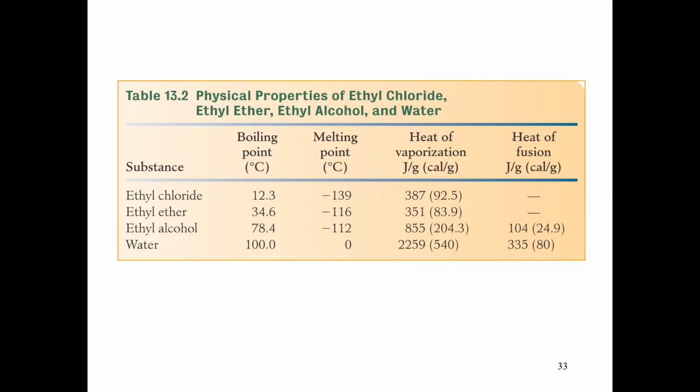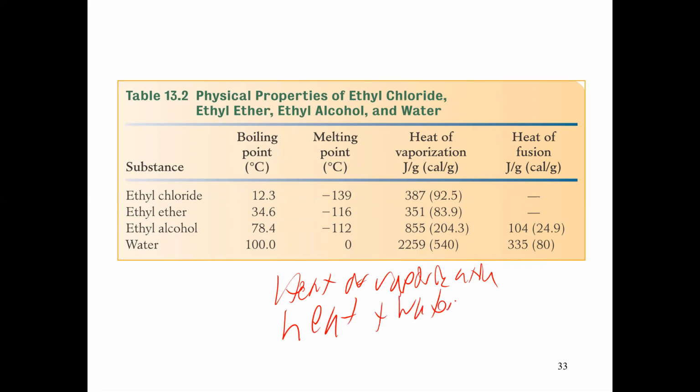And the heat of vaporization. The heat of vaporization is the heat you add to liquid water to turn it into H2O gas. This would be the heat of vaporization to cause that to occur. So basically you have there 2259 joules per gram.